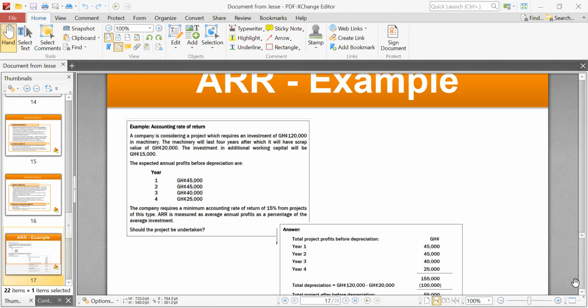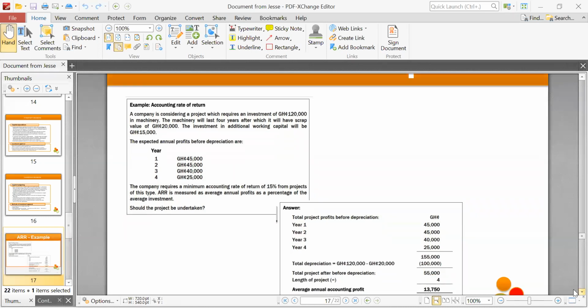Now we need to know what the cost of the investment is. The cost of the investment is 120,000, right? And we are told that the machinery will last for 4 years and has a scrap value of 20,000. So it means it has depreciated by 100,000.